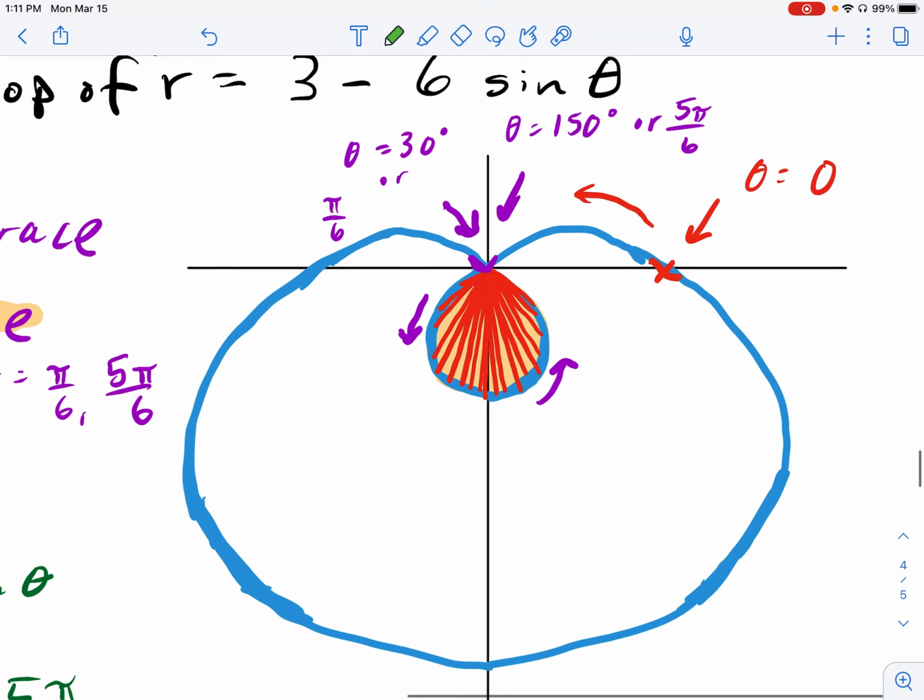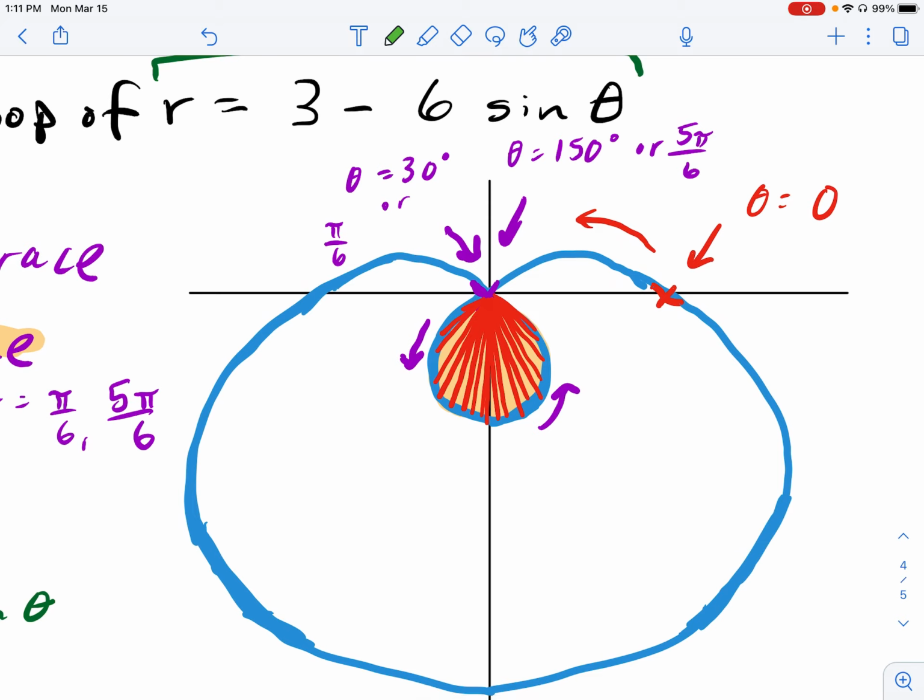So to answer the question of how we would shade in or identify the shaded region, if I said find the area above the x-axis enclosed in this region here, well, you would start from the pole and go out to where theta is equal to 0. And then as theta increases, this region, you would integrate it.